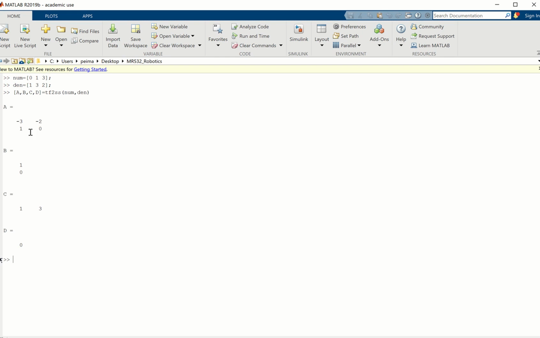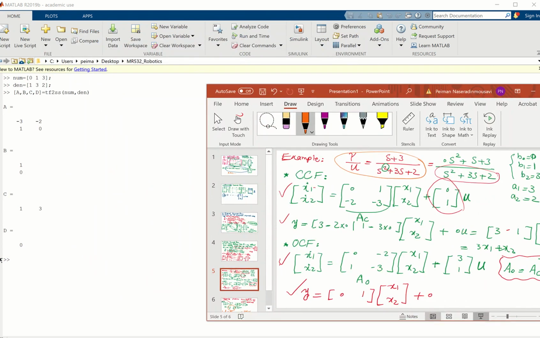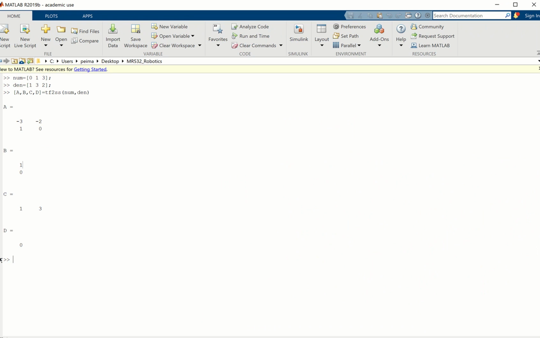It gives you -3, -2, 1, 0 for A, then B is 1, 0, C is 1, 3, and D is 0. It gives you these notations. This is the shortcut when you are doing research, so you have to do that. Understand what I'm talking about?